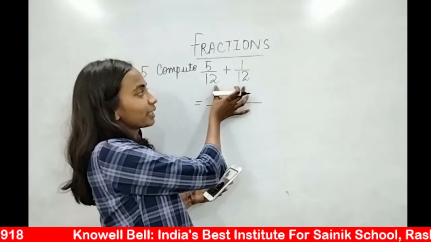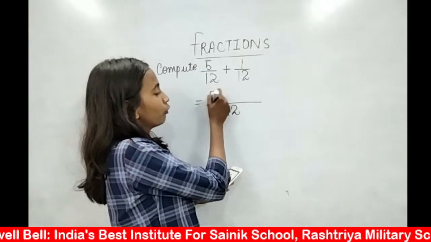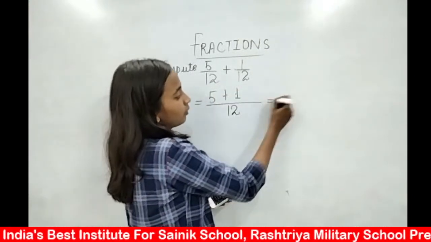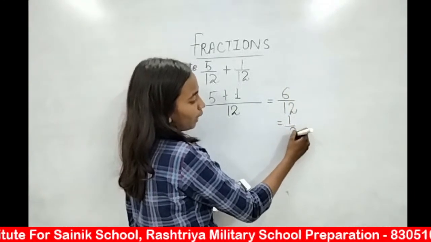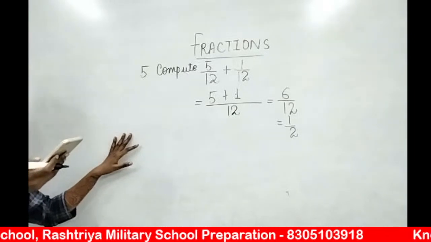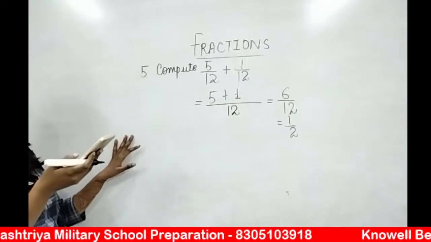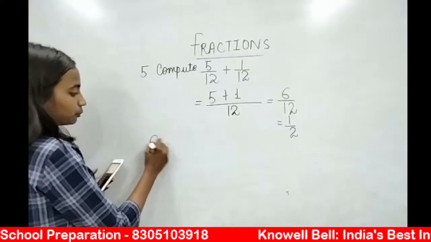Here we will take LCM. So the LCM would be the common denominator 12. 5 plus 1 would be 6 by 12 or 1 by 2. Clear, Sarthak? Yes, Neha. Hartesh. Correct. 6 by 12 or 1 by 2.